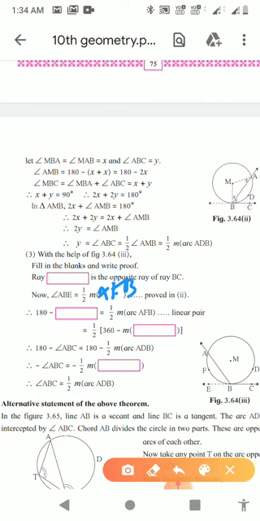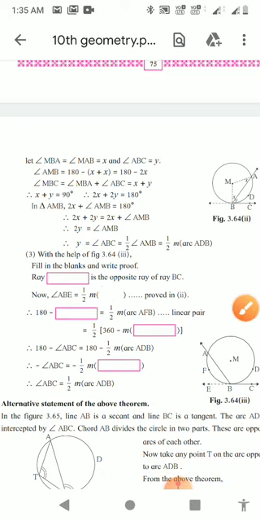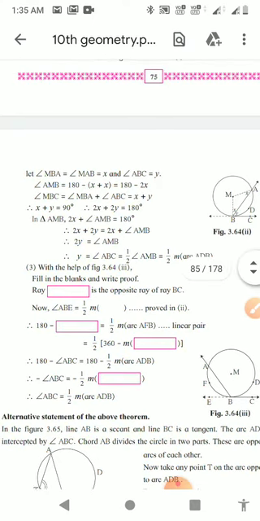I am just writing in a rough way; you just have to understand it. Now I can write 180 minus angle ABC, which is equal to half of the measurement of arc AFB, and I can write this as half of 360 minus the measurement of arc ADB. I have to put ADB here.